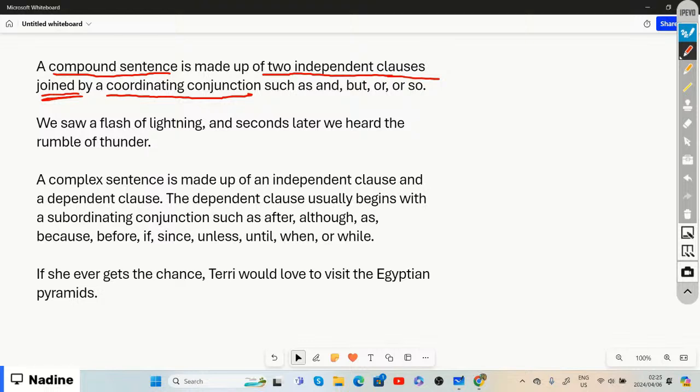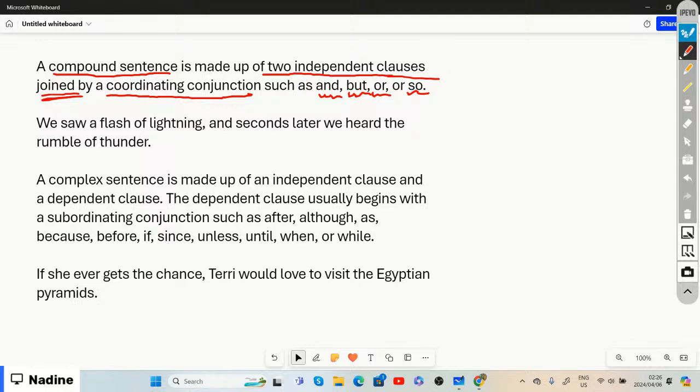A coordinating conjunction is words such as and, but, or so. Those are coordinating conjunctions. And we use those words to join or link these two independent clauses together. Once we join those two independent clauses together, it becomes one sentence basically, right?